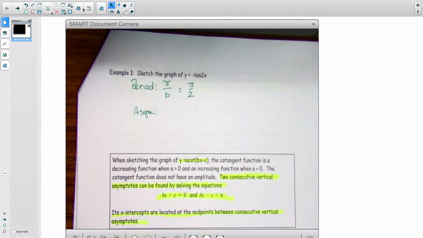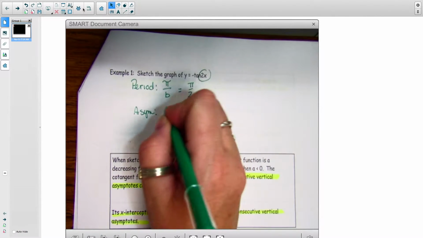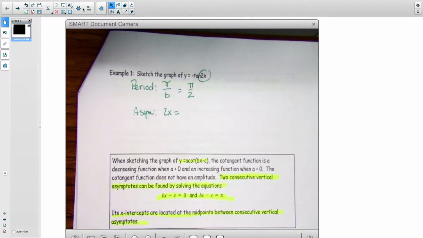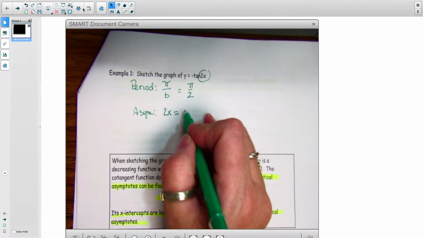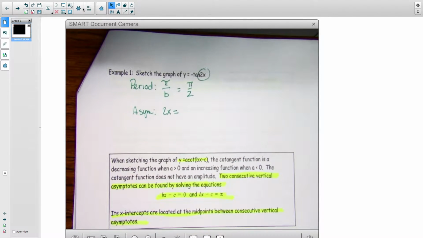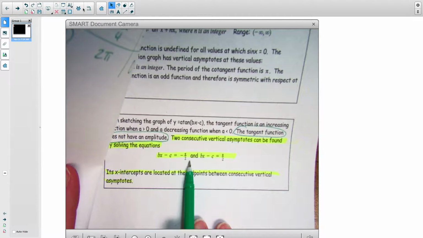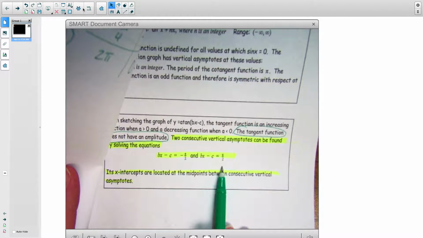To find asymptotes, we set 2x equal to what? Or 2x equal to what? We're doing tangent. For tangent, we set them equal to negative pi over 2 and pi over 2.